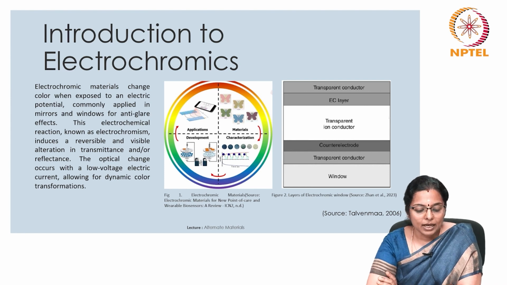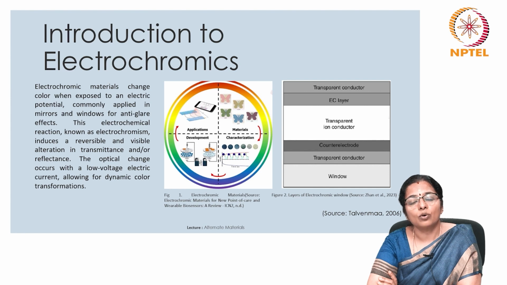Now, in the realm of electrochromics, materials undergo color changes in response to an electric potential, a phenomenon extensively employed in mirrors and windows for anti-glare purposes. This electrochemical reaction, known as electrochromism, brings about a reversible and visually perceptible modification in transmittance and reflectance or just reflectance.